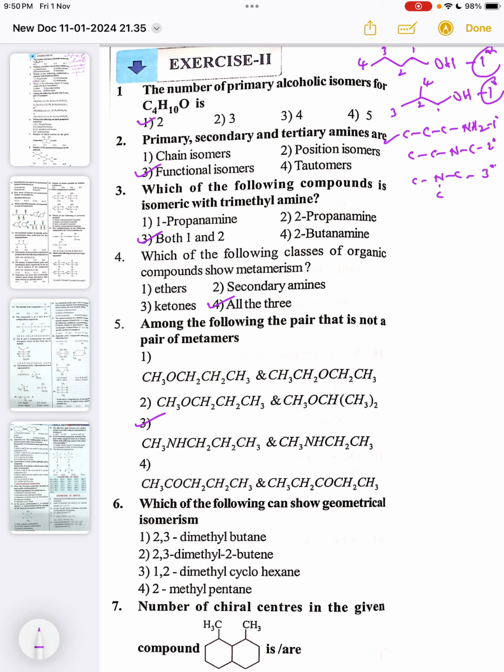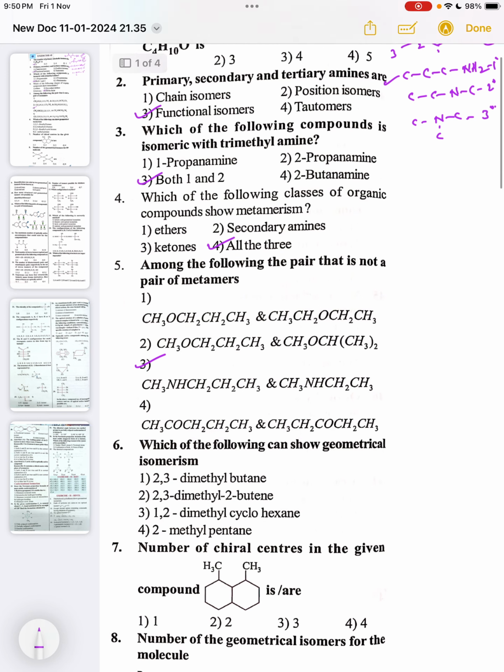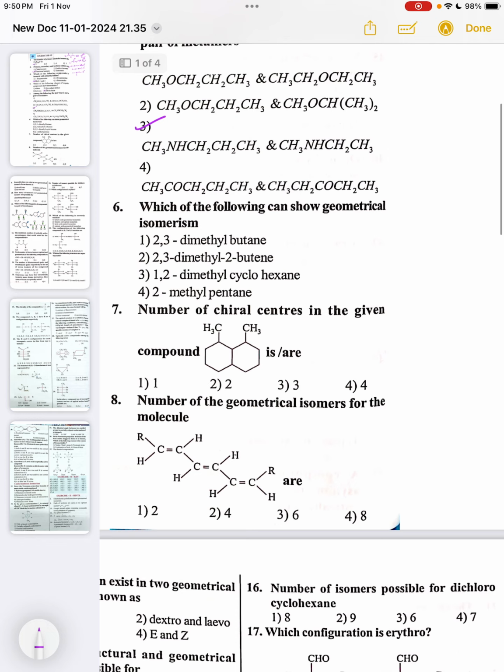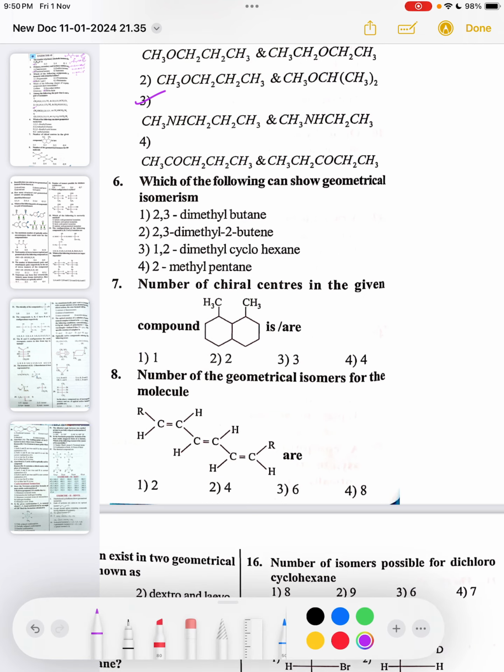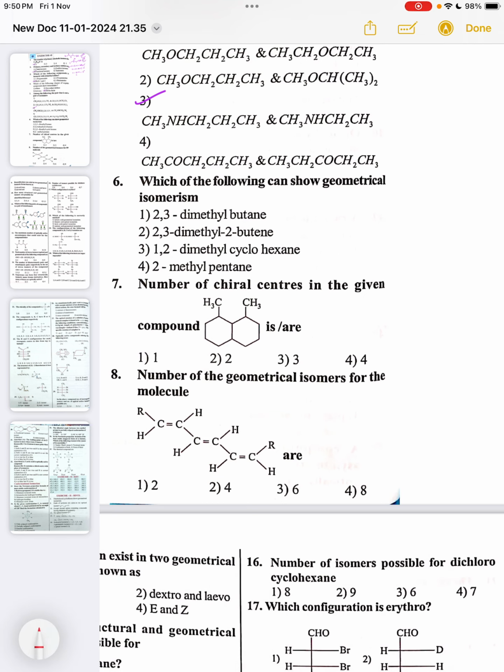Which of the following can show geometrical isomerism? To show geometrical isomerism, we know the conditions, right? So what are the conditions? There should be a double bond, and at the same time two identical groups should be present, and those identical groups should be present on adjacent carbons, not on the same carbon. So now let us see here. First compound is 2,3-dimethylbutane.